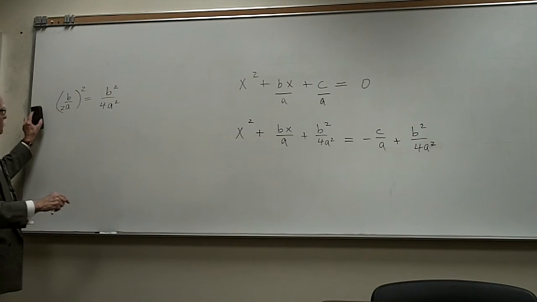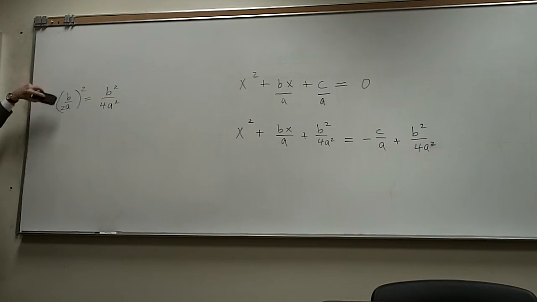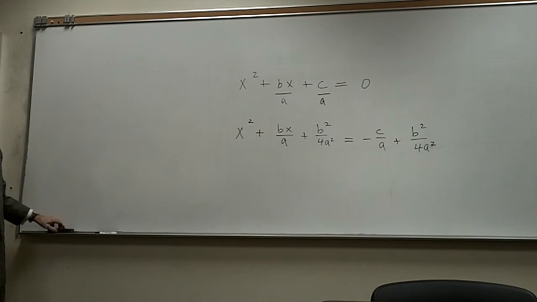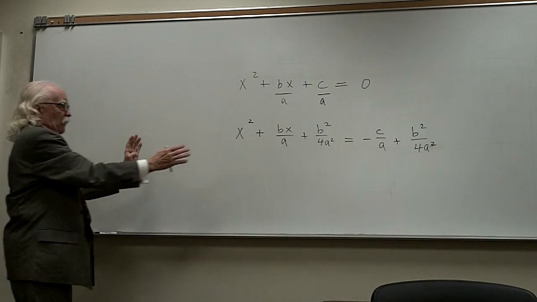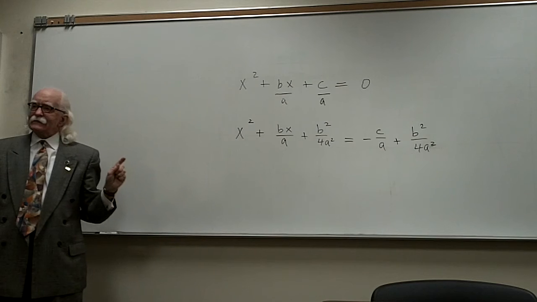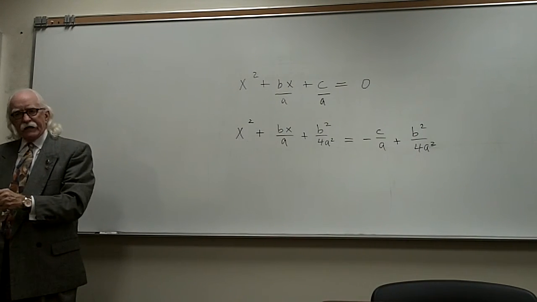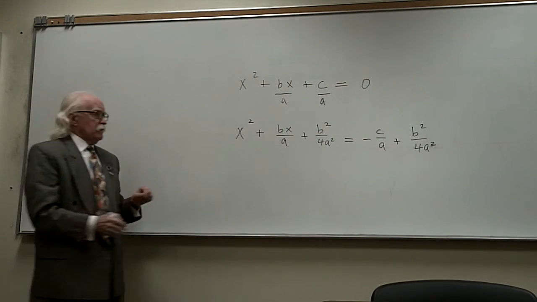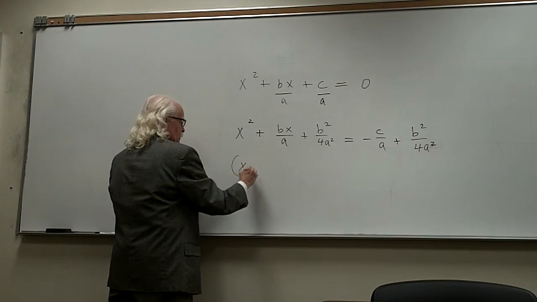Can I erase this away? Yes. Because all I did was take half the coefficient and square it. I put that on both sides, but what did you actually do to the left-hand side? What did you make this into? I purposely fabricated a perfect square, which is what?